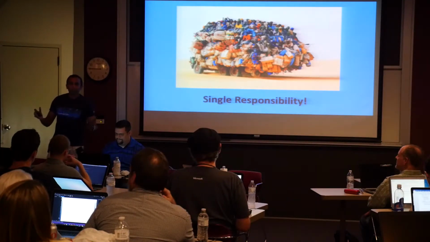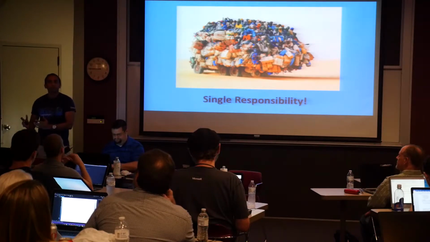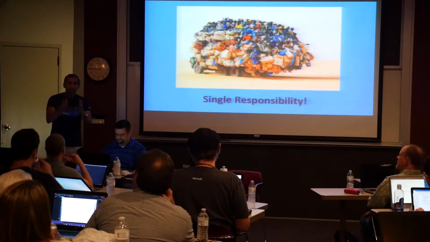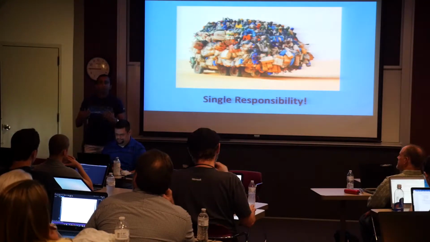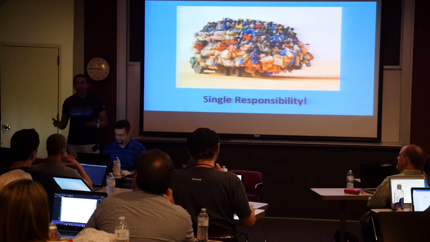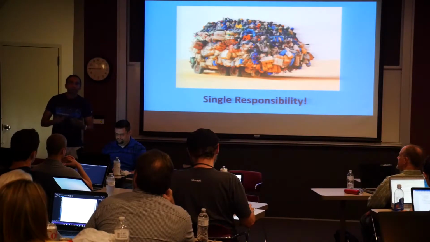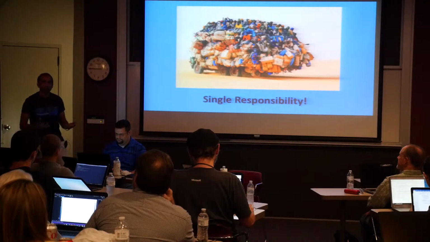So if you have more responsibilities inside a single class, that class will have more chances of getting changed over a period of time, because it has more responsibilities, and thus it will be more error prone as well.